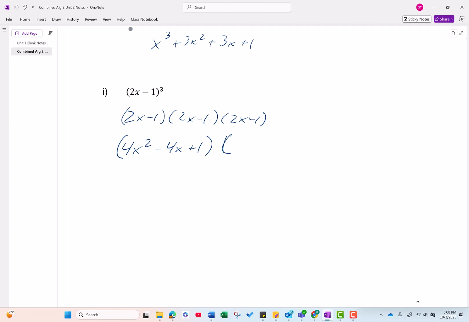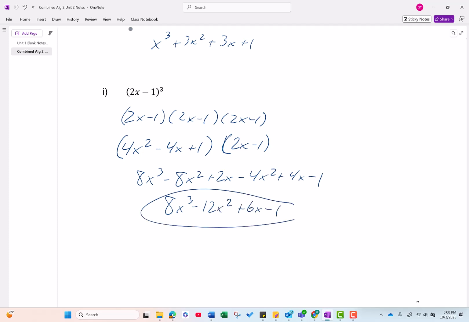And then I'm going to multiply this by 2x minus 1 again. 2x gives me 8x cubed minus 8x squared plus 2x minus 4x squared plus 4x minus 1. I'm going to combine those to get 8x cubed minus 12x squared plus 6x minus 1 for my final.